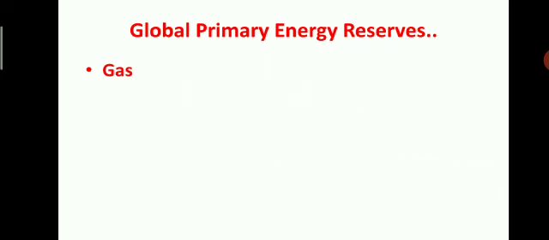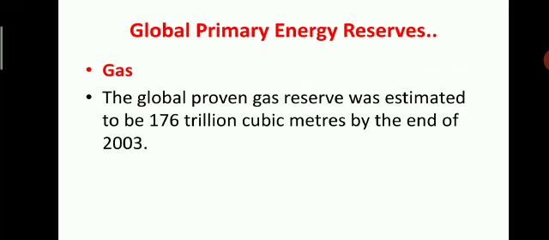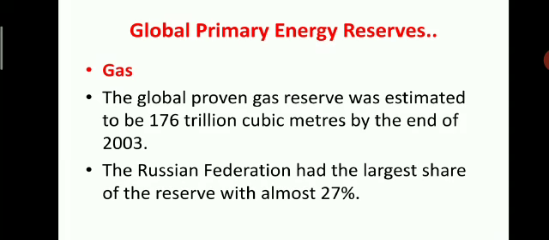Let us see gas. The global proven gas reserves were estimated to be 176 trillion cubic meters by the end of 2003. The Russian Federation had the largest share of reserve with almost 27%. So Russia presently also has the largest share of reserve in the case of gas, 27%.